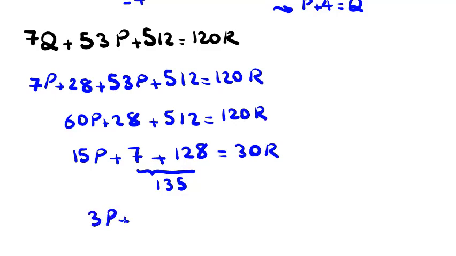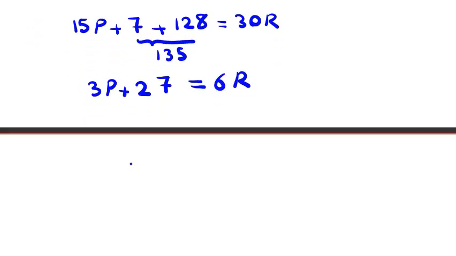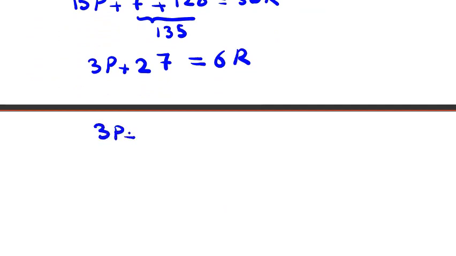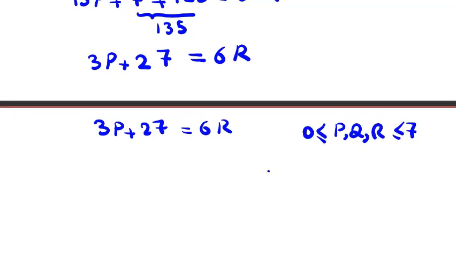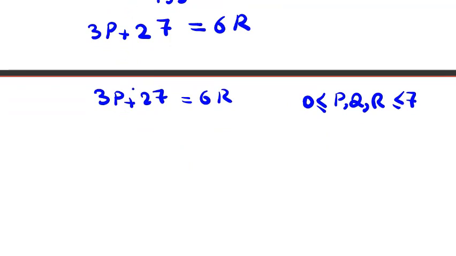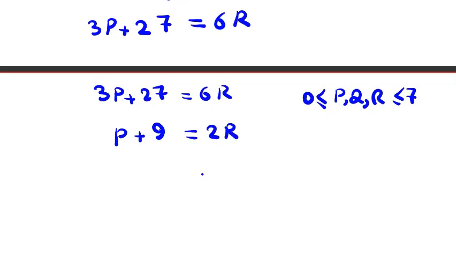It will be 3P plus 27 equals 6R. We know P, Q, and R are all between 0 and 7, so we want to see which one works. Here also we can divide by 3. It will be P plus 9 equals 2R.